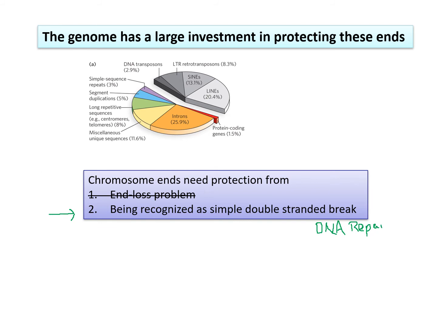And so our cells have the ability to simply recognize two pieces of DNA, if there's a double-stranded break and they're right next to each other, like this, and glue them together.